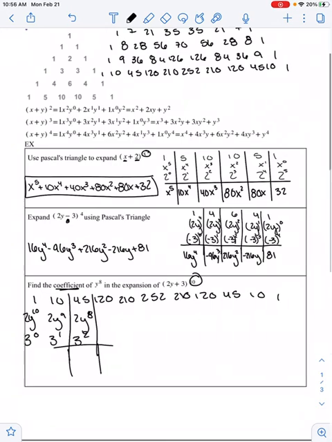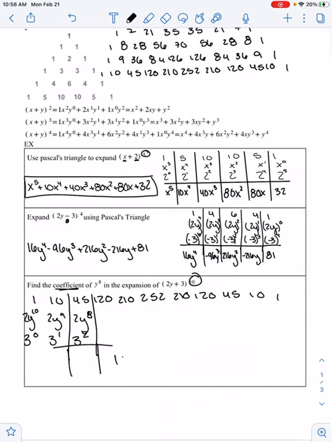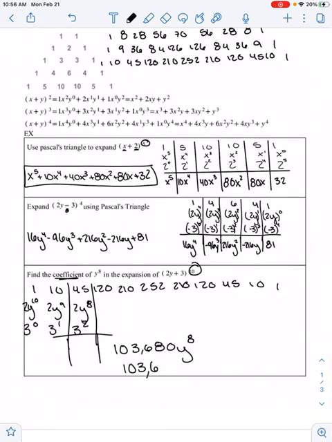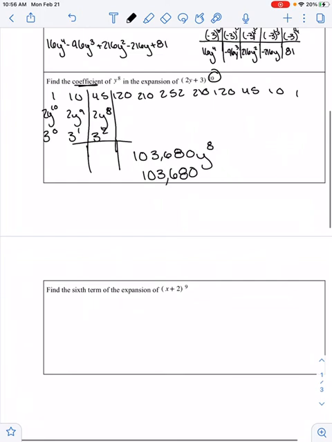So it's not going to fit in my little space there, but it's 103,680 y to the 8th. And since it just wants to know the coefficient, our answer would just be 103,680.